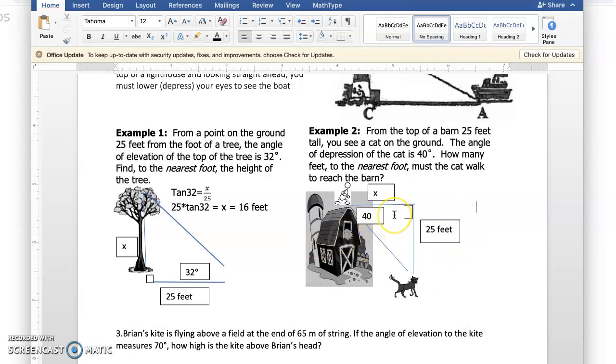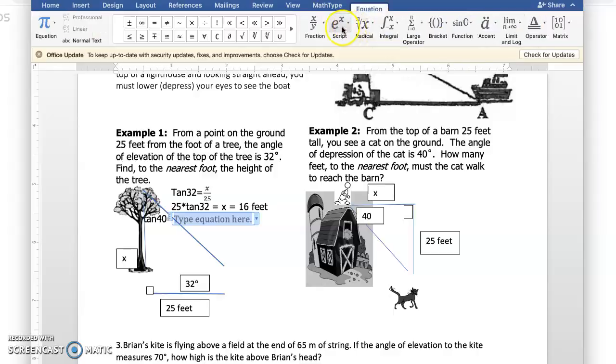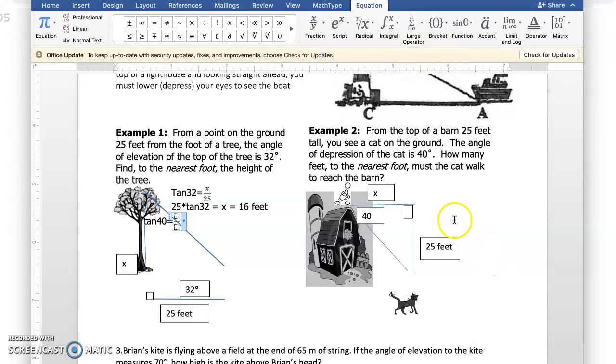I would once again want to use tangent because I have an opposite side and an adjacent side. So I would be typing in the tangent of 40 is equal to the opposite, which is 25 over x.